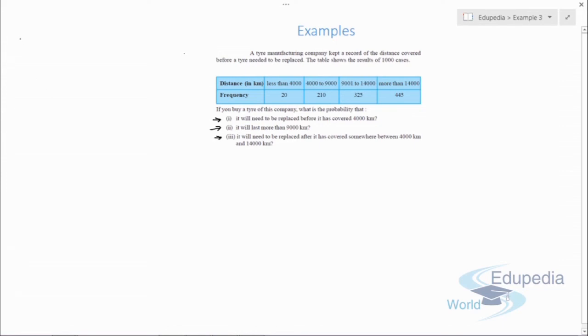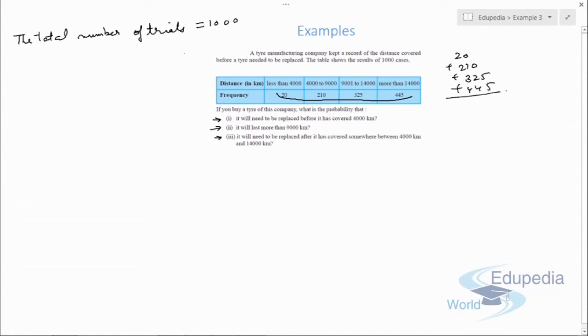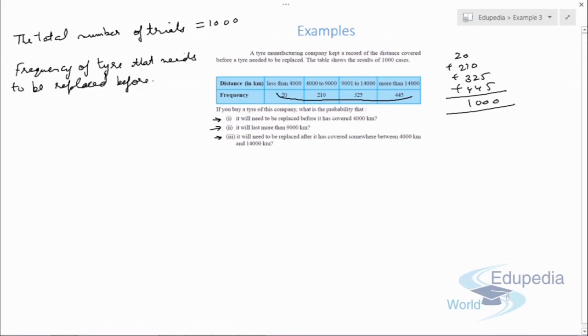So first, the total number of trials is 1000. This means we need to add all these frequencies: 20 plus 210 plus 325 plus 445. When you add them, it will come out to be 1000. So this is the total number of trials. It's given that the frequency of tires that need to be replaced before they cover 4000 kilometers is 20.